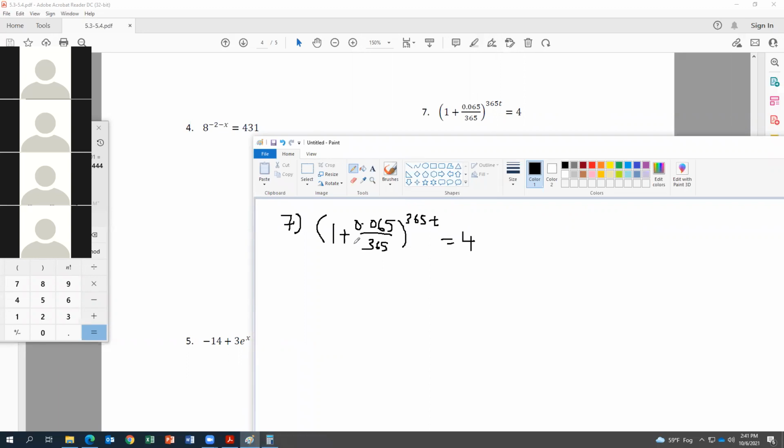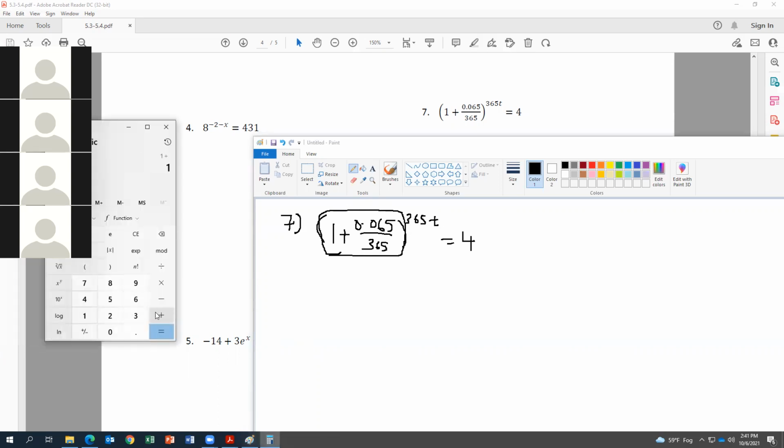So first thing first, class, what you need to do is figure out what this one is using your calculator. So it's 1 plus 0.065 divided by 365. Again, you cannot use 1. You have to use all the decimals here. 1.000.